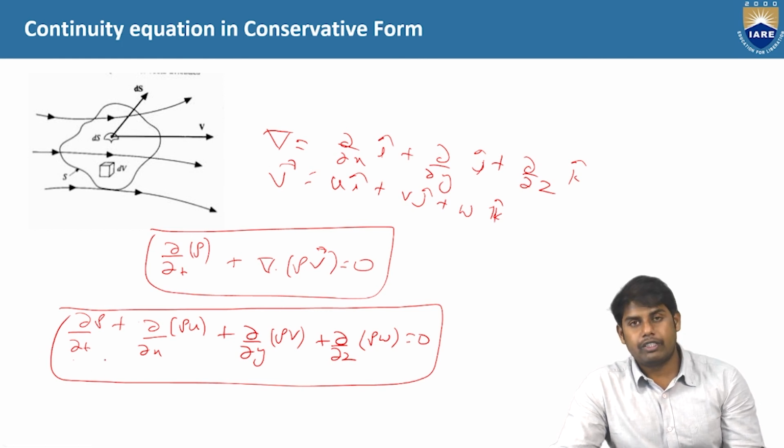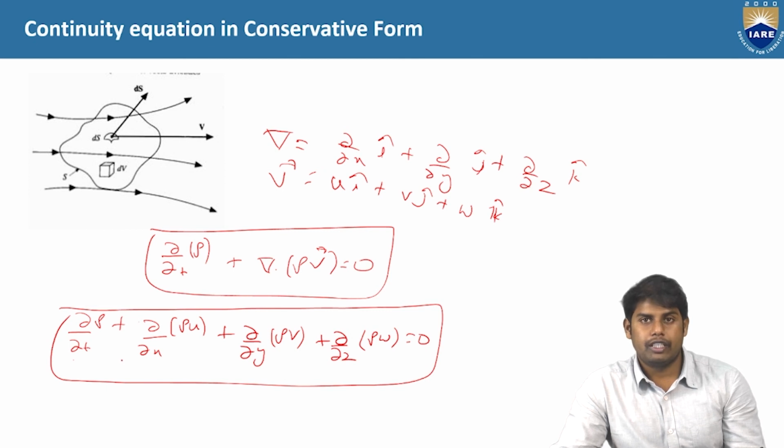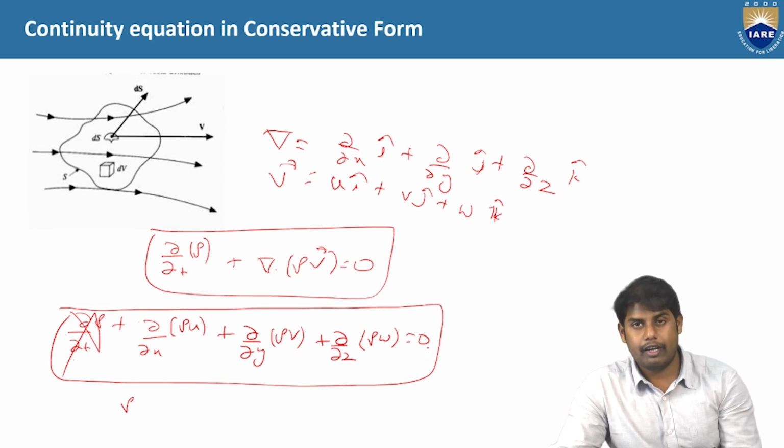The continuity equation will give the information whether the flow is incompressible or compressible, based on the density. If the flow is incompressible, the time derivative term will go off, and since the density is constant, rho will come out and the equation gets divided by rho.